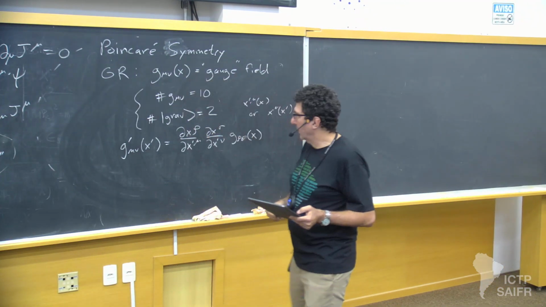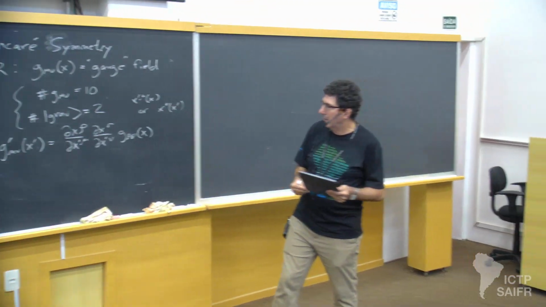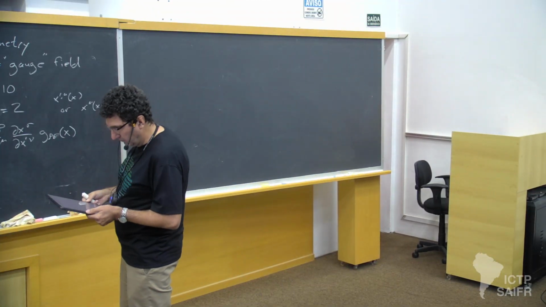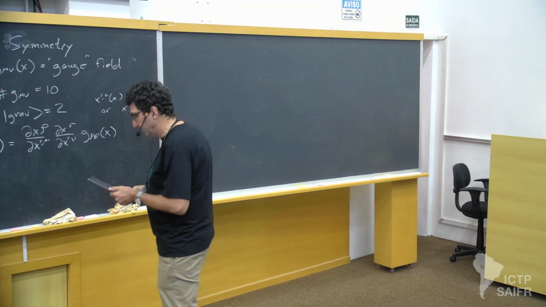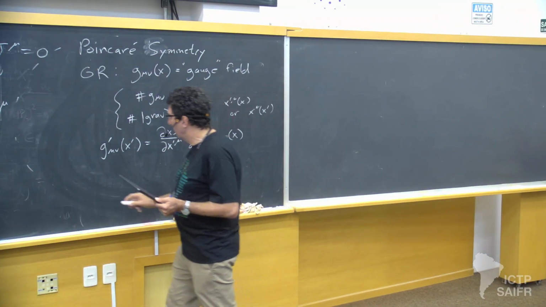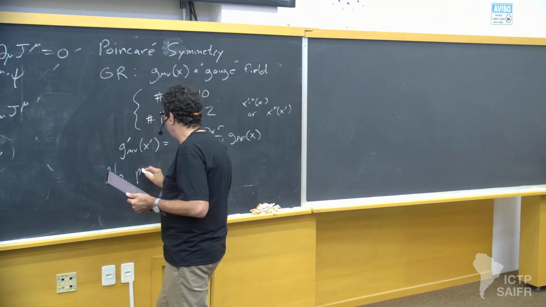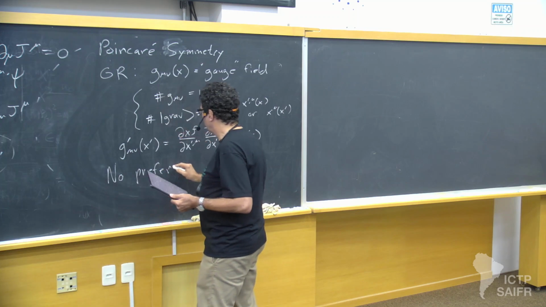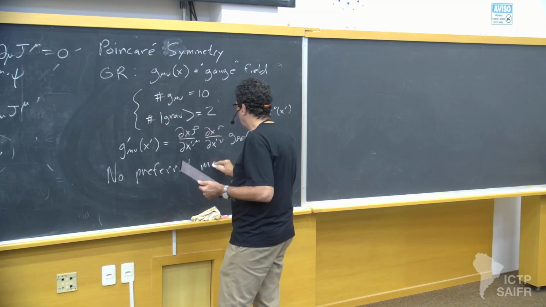This is not a course about gravity. This is just culture, okay? So the key thing here is that this theory has no preferred metric, right?